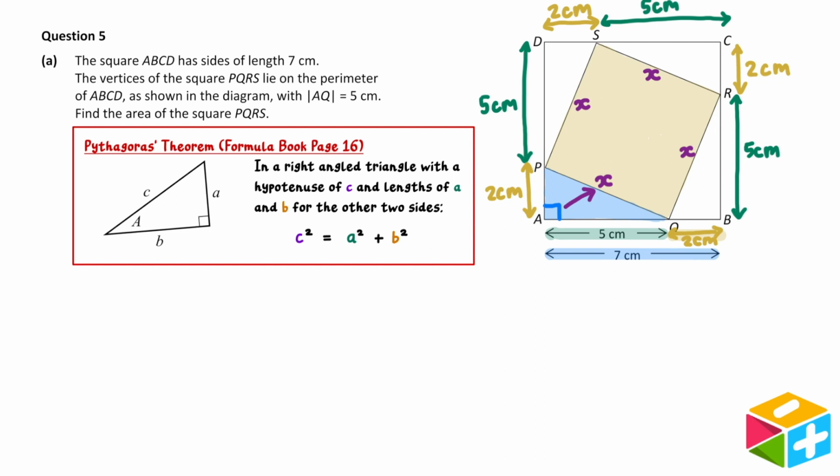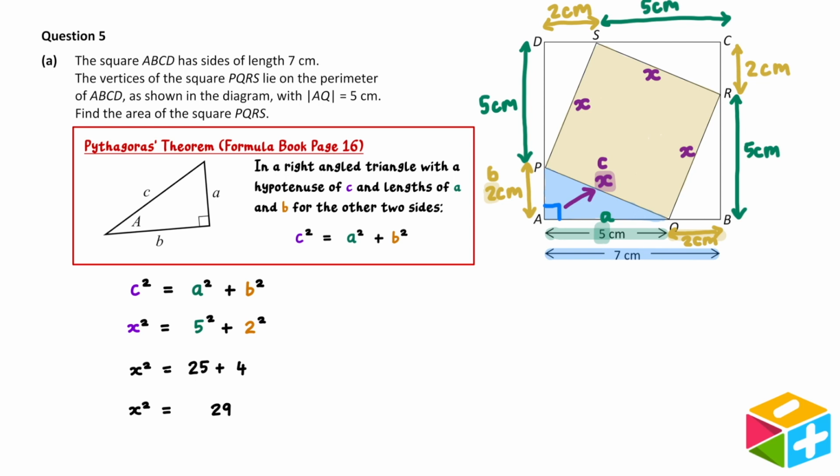We can apply Pythagoras' theorem with C equal to x, A equal to 5, and B equal to 2. Let's sub these values in. 5 squared is 25, and 2 squared is 4. 25 plus 4 is 29, so we end up with x squared is equal to 29.